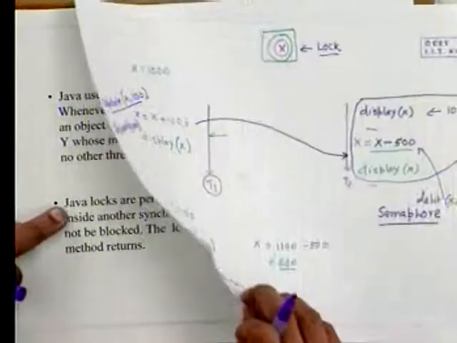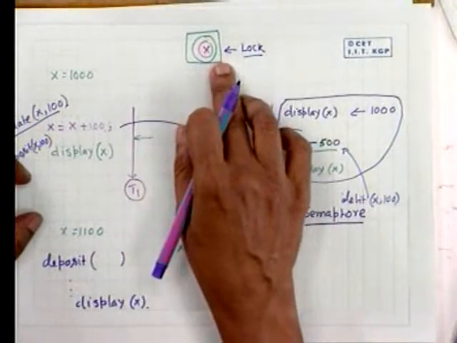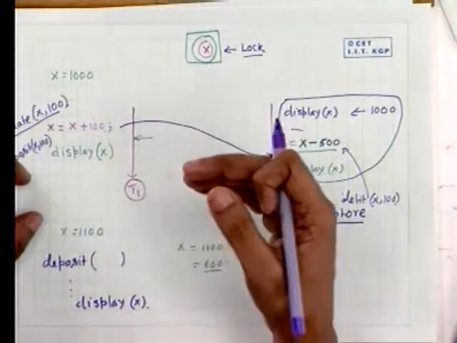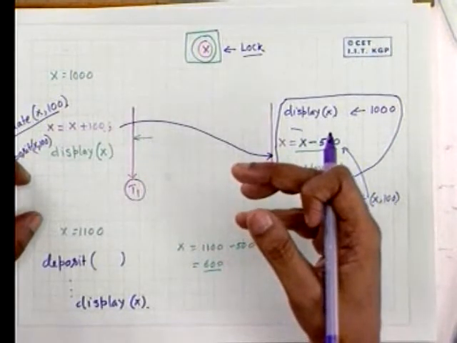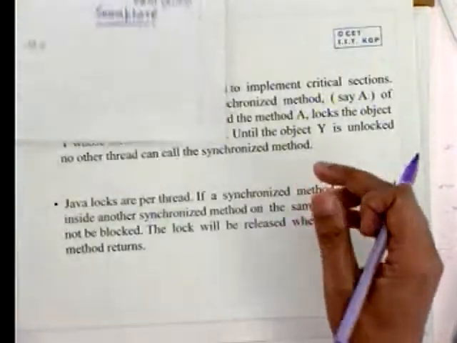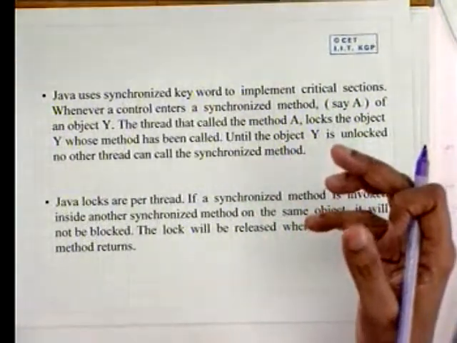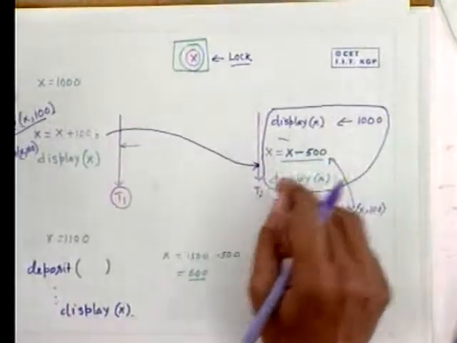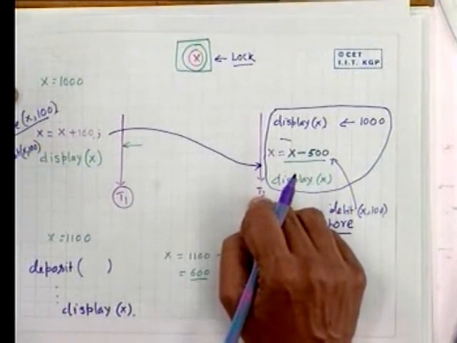So Java locks are per thread: once a thread acquires a lock on a particular object, it can go on using it until it comes out of the original synchronized method which has locked it. However, it will deny another thread T2 access to it.